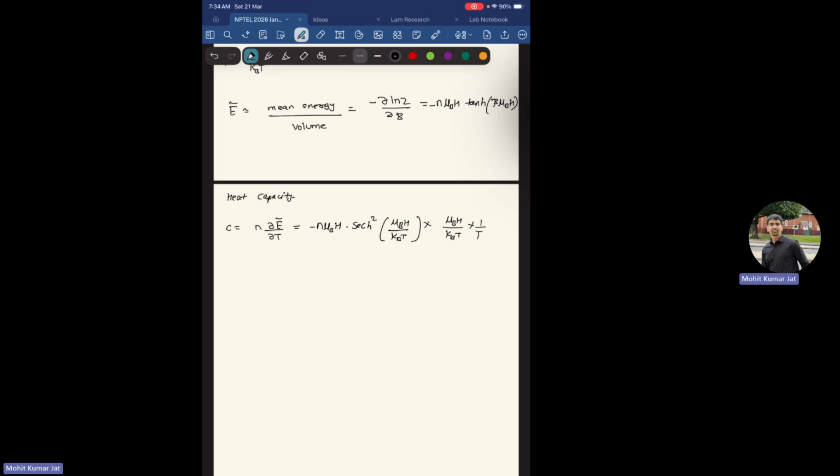So the heat capacity goes as C equals N kB times (mu B H by kBT) squared times sech square of mu B H by kBT. So this is the specific heat.